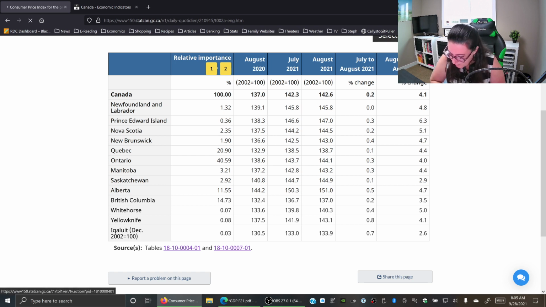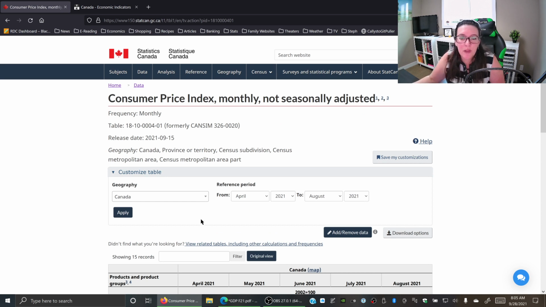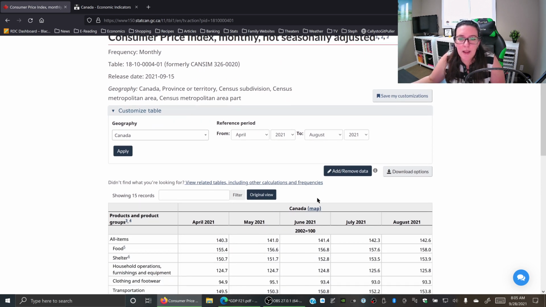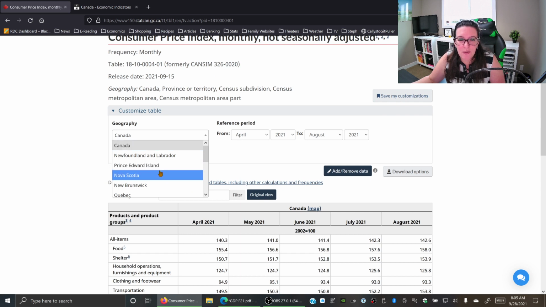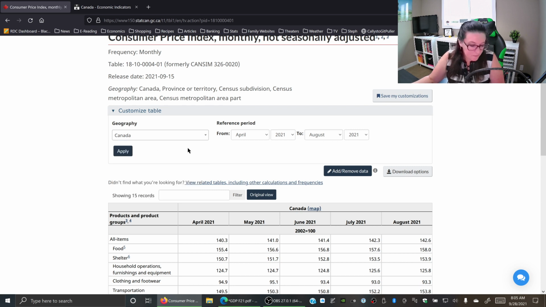Well, I'm actually going to pick some older data. So I'm going to click on that table below. And here we can specify the time period and the geography. If I wanted to find specific data for Alberta, I would just scroll down here to Alberta. Right now we'll just look at Canada data.